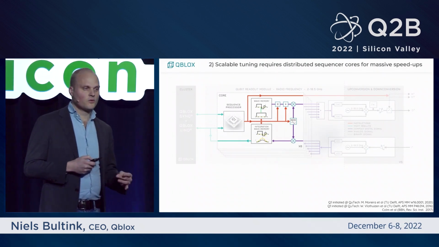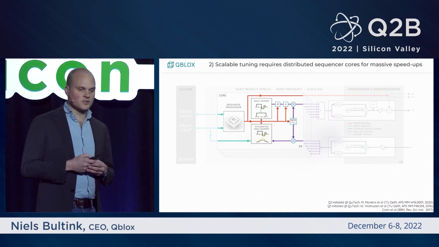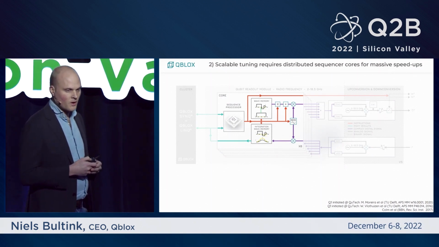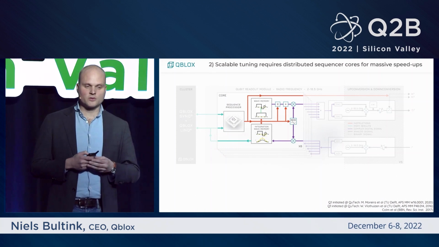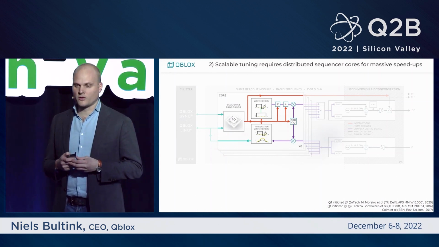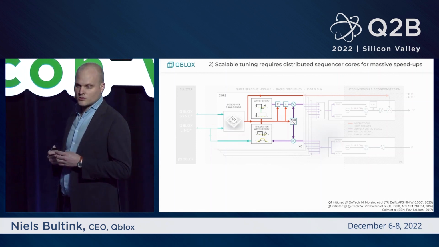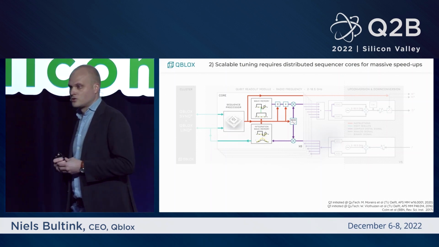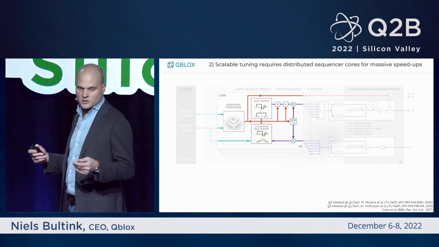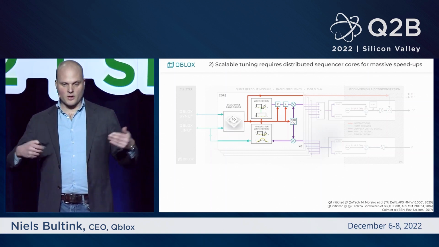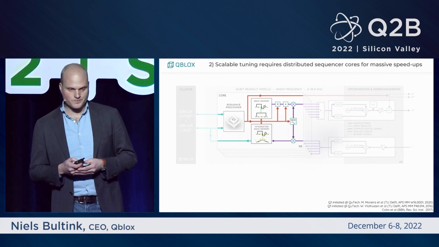So how to control all the channels in this system in a meaningful way? We need very good sequencer cores to offer the right orchestration of all of these channels. What these sequencer cores' main task is, is to schedule the pulses and the gates throughout time and throughout all the channels in the system.